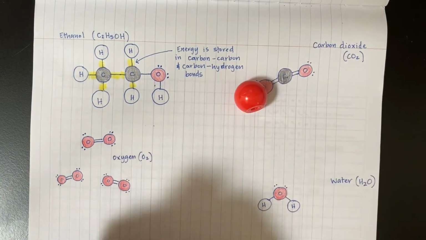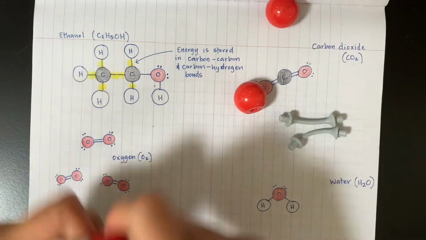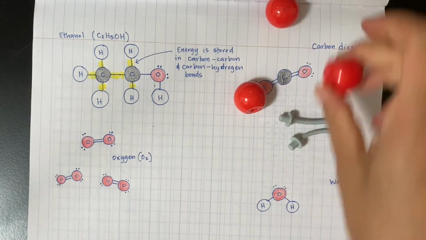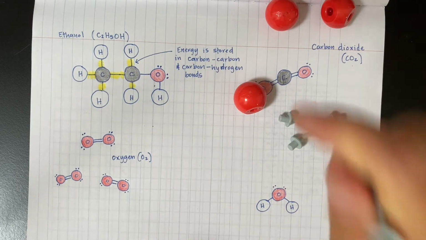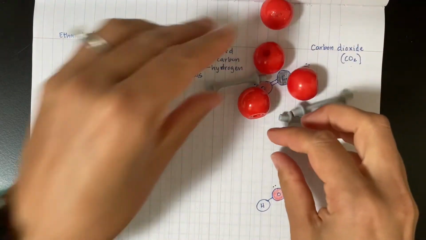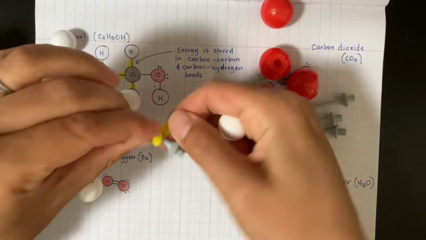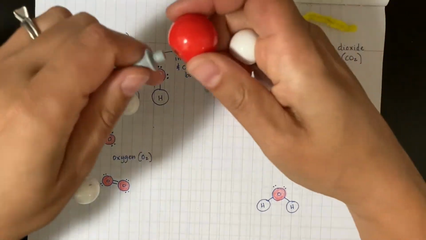So I'm going to make as many carbon dioxide and as many water as I can using these atoms from my ethanol and from my oxygen.